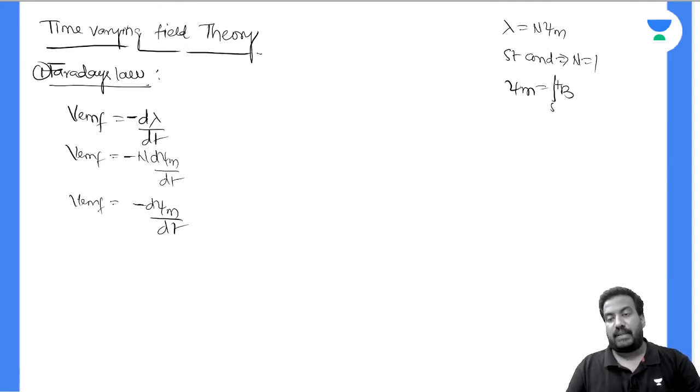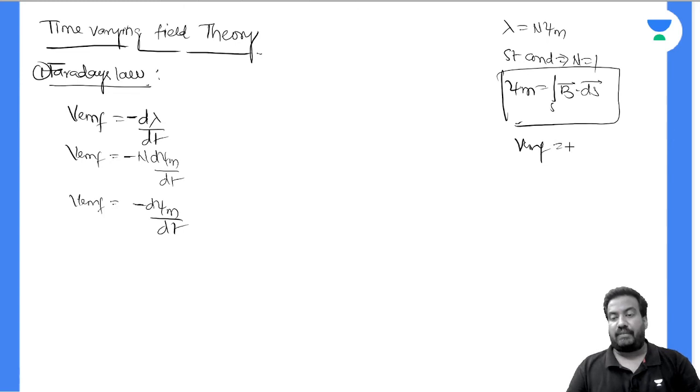Psi m is the surface integral of B dot ds. VEMF is the integral of E dot dl.